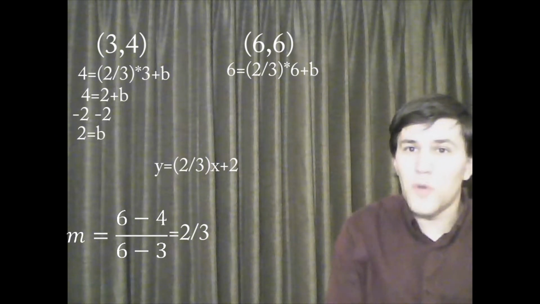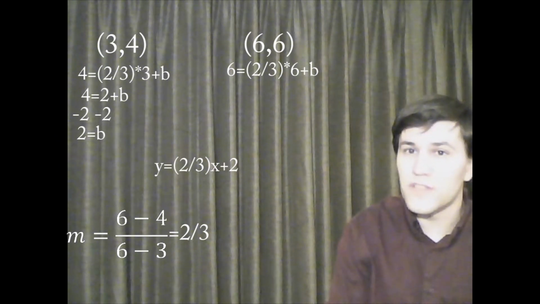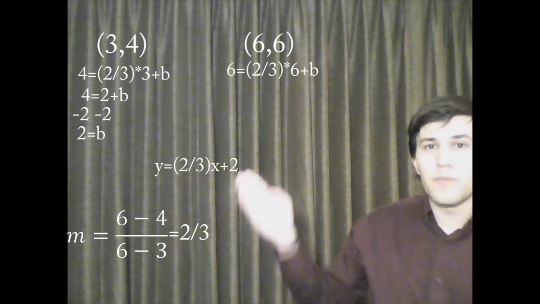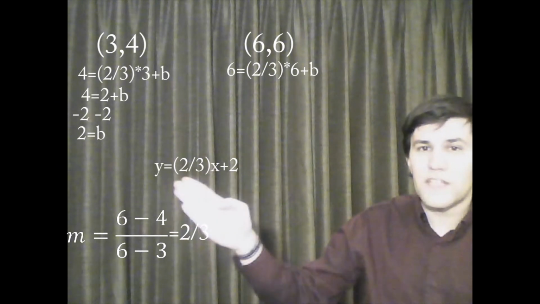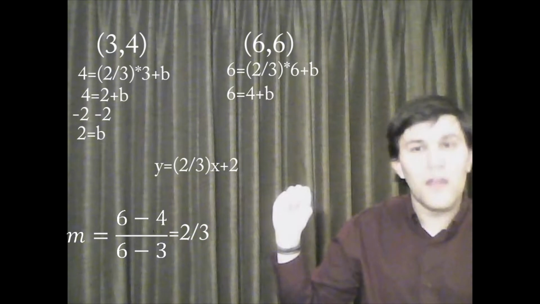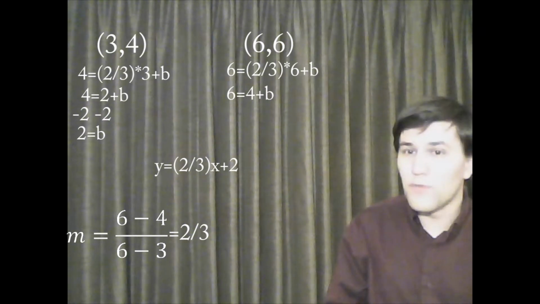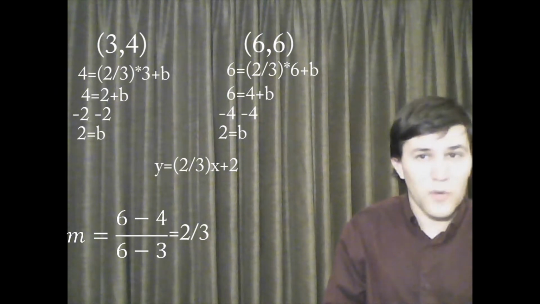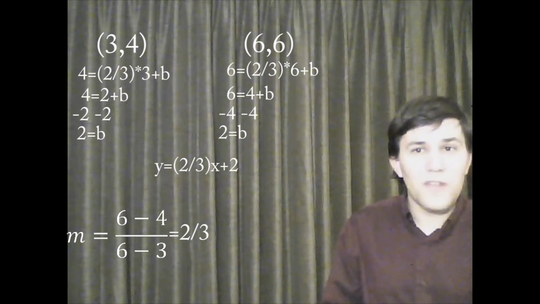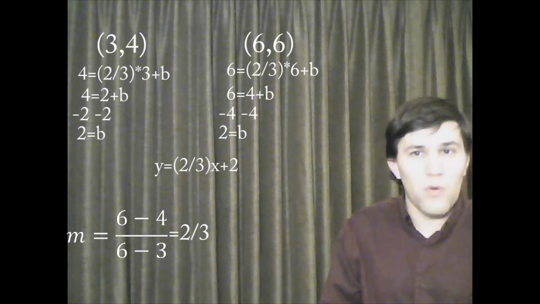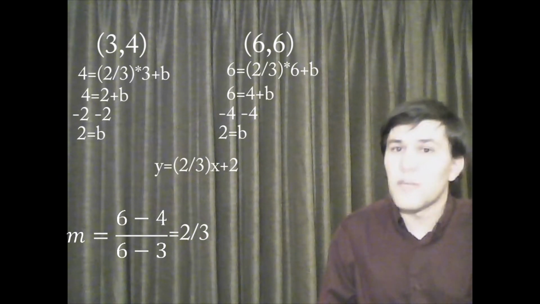Again, we're going to multiply this out, so 2/3 times 6 is going to be 4. We have 6 equals 4 plus b, and now we subtract 4 from both sides of the equation to solve for b, which is still 2. So both of these methods, both of these points, give us the same result.